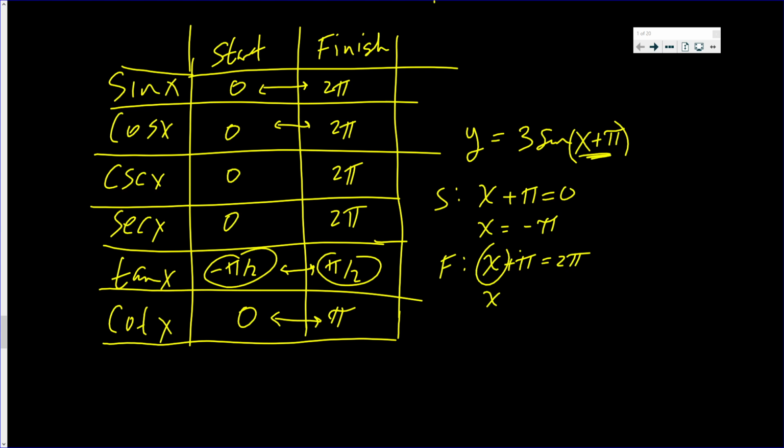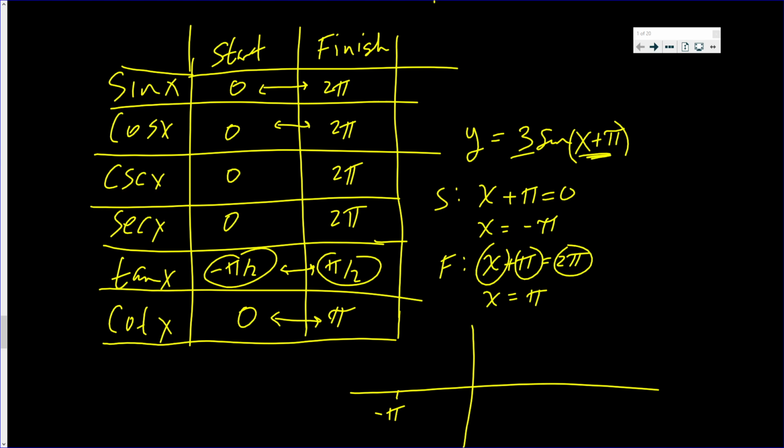Well, pi plus pi equals 2 pi, so x equals pi. It starts at negative pi, it finishes at pi, and it is a sine graph, which goes like this. And by the way, in between negative pi and pi is 0, so I have the y-axis.